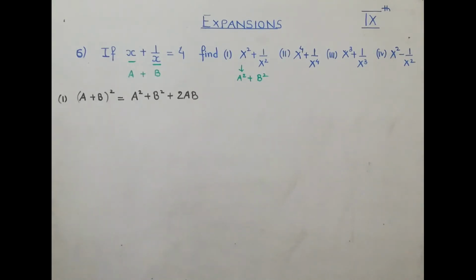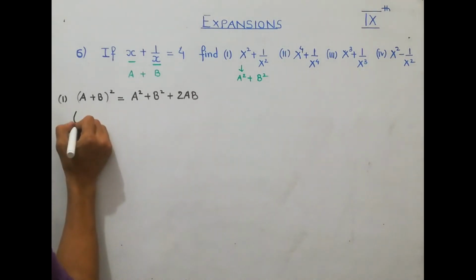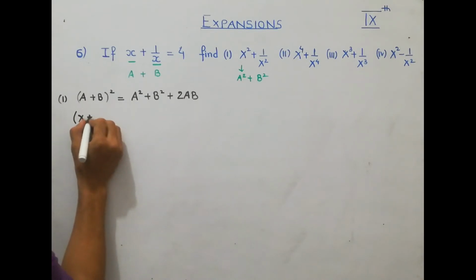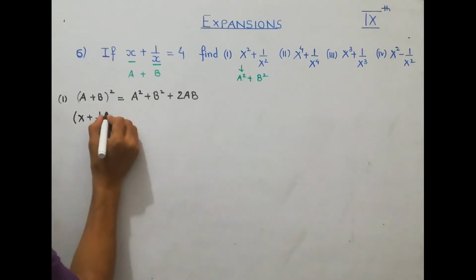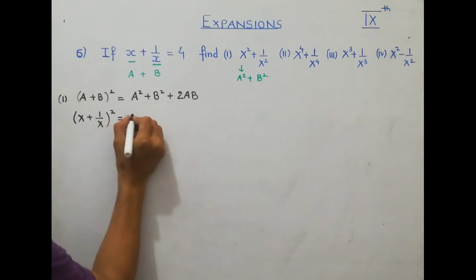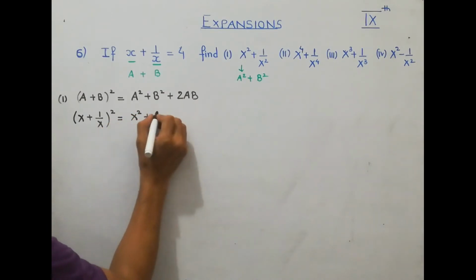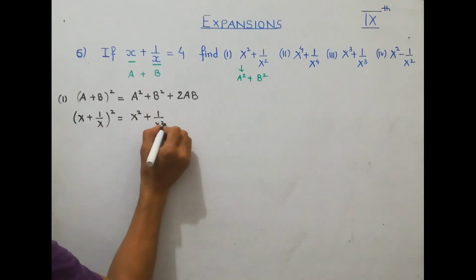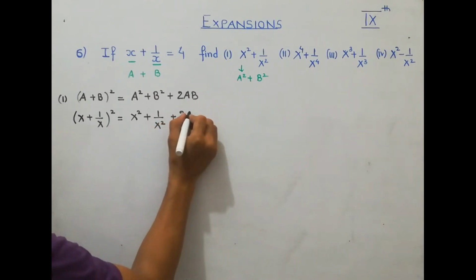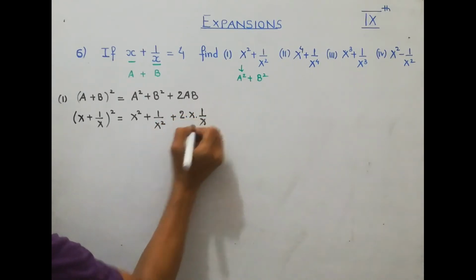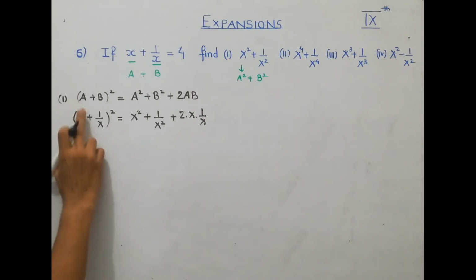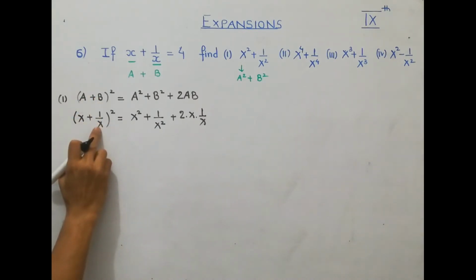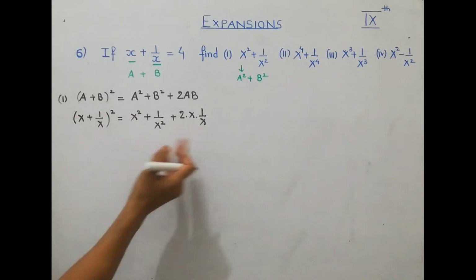So let us replace it. In this formula, a to be replaced by x and b to be replaced by 1 upon x, both sides.